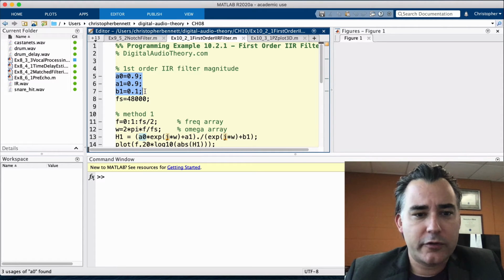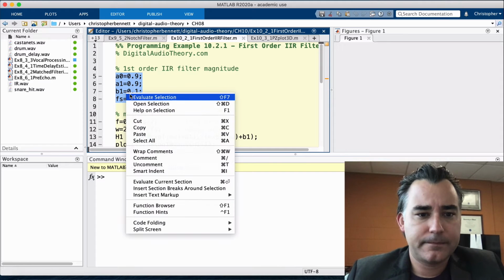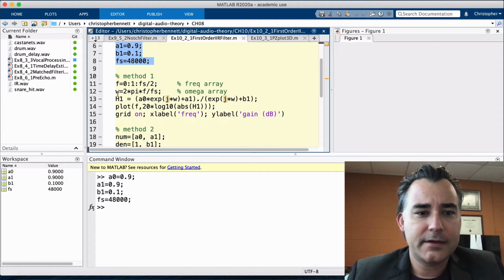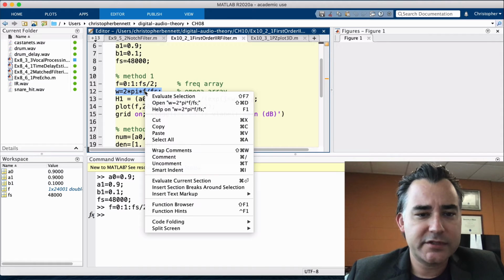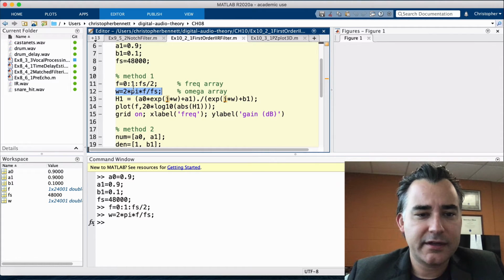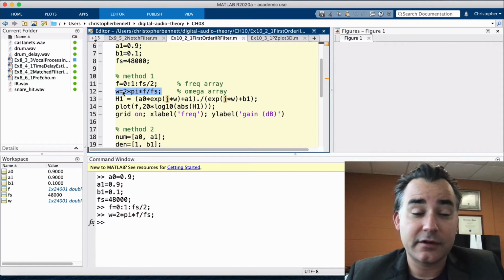So here are our coefficients and sample rate. Here is our frequency array that we'll then convert to an omega array. So frequency, we're analyzing from DC in steps of 1 Hertz up to Nyquist, and our digital omega is going to be simply our f over fs times 2 pi.